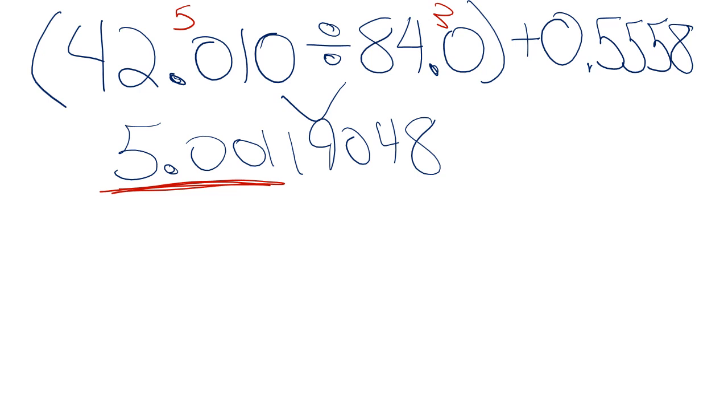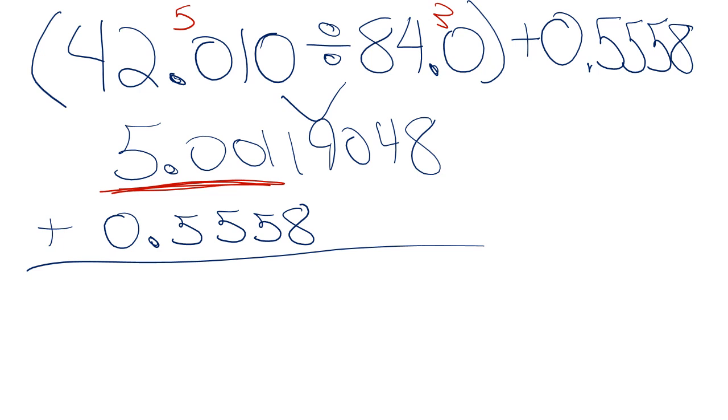However, there is a next step where we have to add 0.5558. Now, when we add numbers, we go with the least amount after the decimal. This 5.00 has 2 after the decimal.